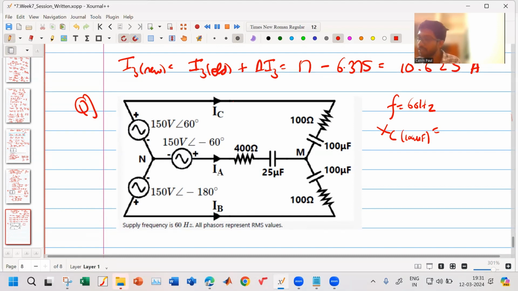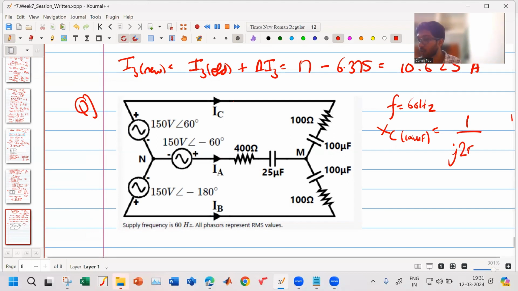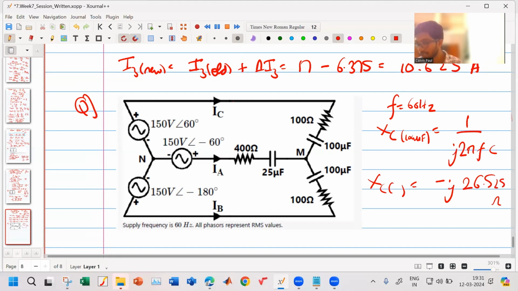Yes. It is given by 1 by j 2 pi f C, which is equal to minus j 26.525 ohm.